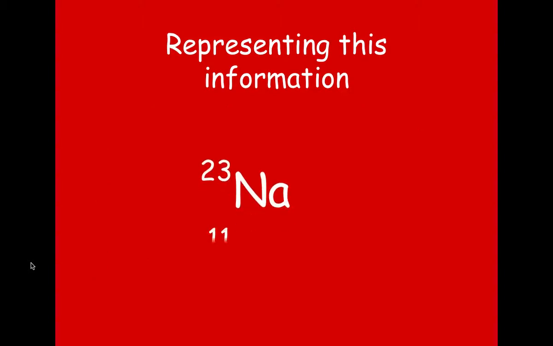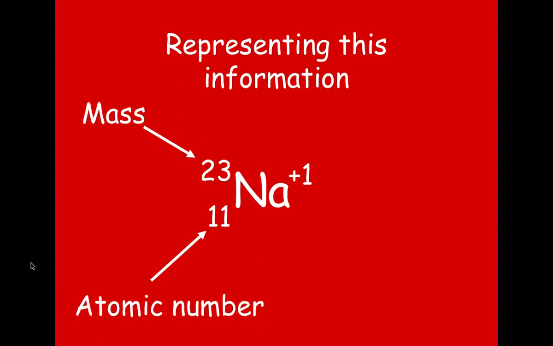Okay, so this is what the setup looks like. This top number here, the 23, represents the mass. The bottom number represents the atomic number, or the number of protons. And this number here, if it is there, represents the charge. If there is no number there, then the charge is 0. Sometimes with charge, we actually don't have the number 1 there, and that's fine.